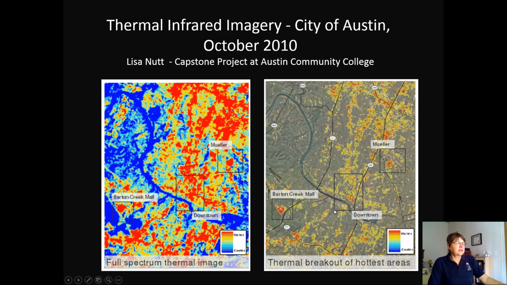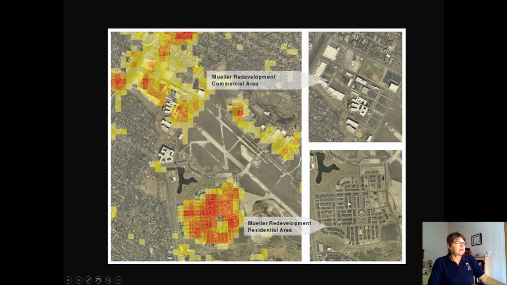So what she did here is she took the hottest areas, the reds from here, and blocked out everything else except for the hottest areas and looked at those. And what she found out is Barton Creek Mall, and let me go to the next slide, it shows it a little better. What she was looking at here is the Mueller residential areas, and all of these roofs are asphalt roofs.